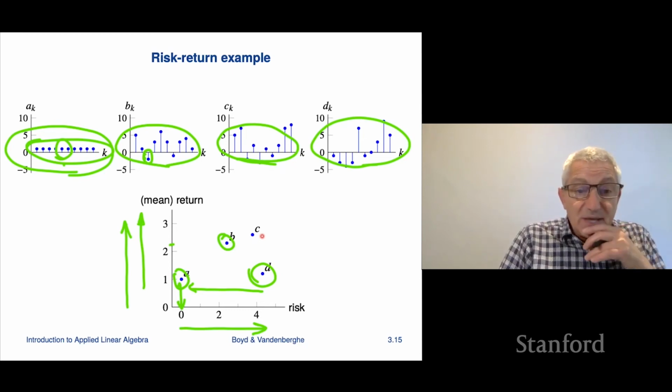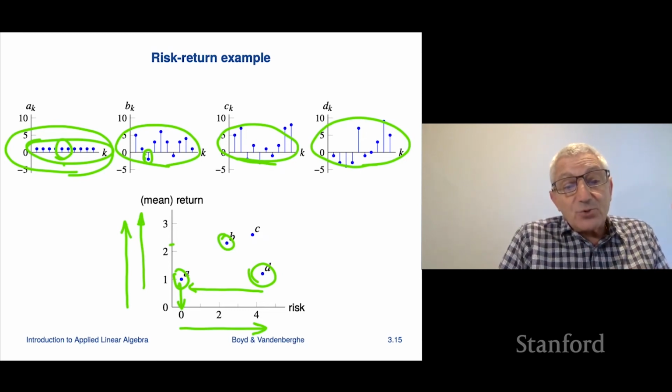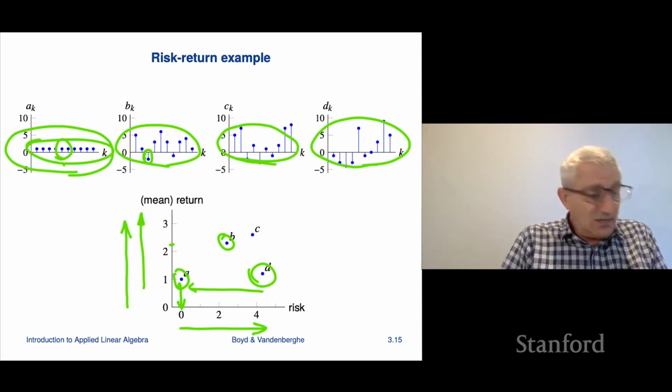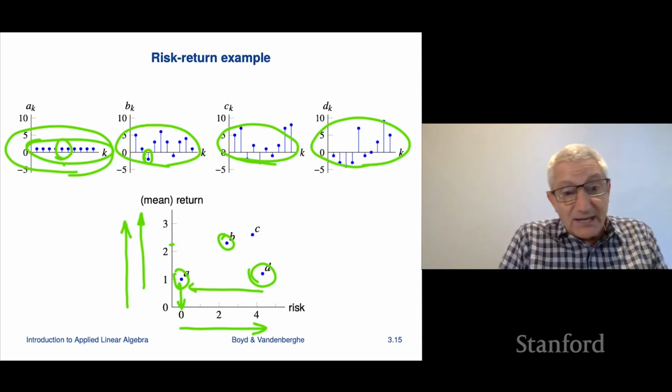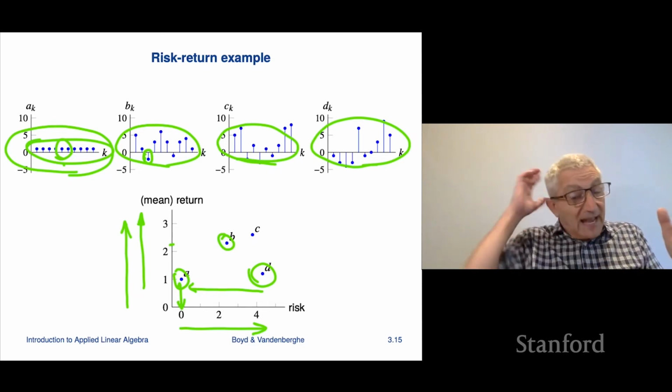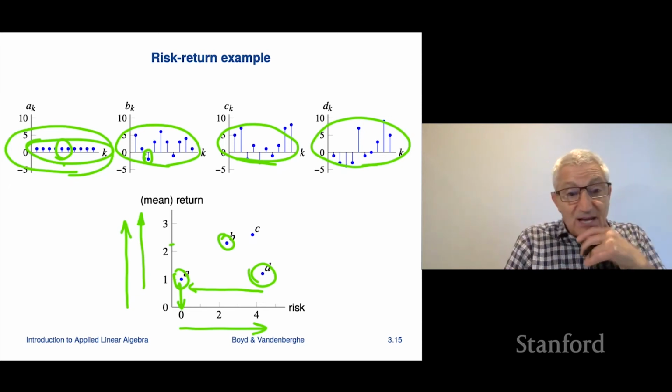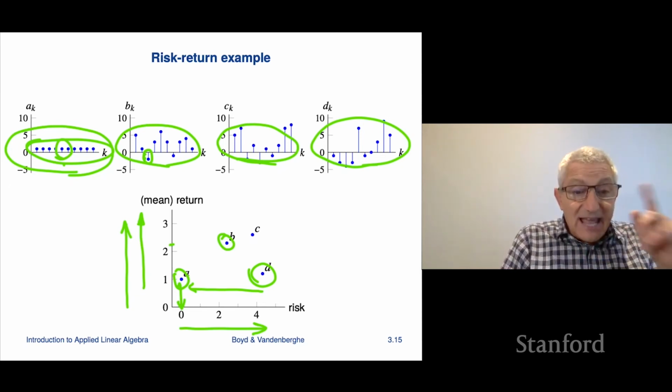It depends on what people would call your risk appetite. If someone said, yes, I'll take 2.5 times the return for a risk of 2, I can do that. And so that's completely subjective. It depends on the actual investor. But we can say something.